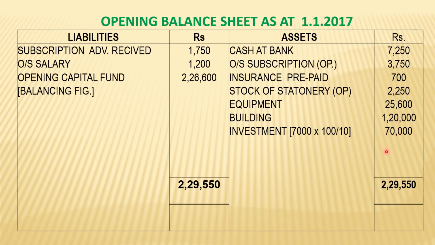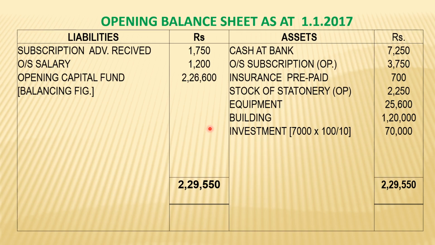So that was the opening asset, and this asset also comes as closing, because it is not mentioned that the asset was sold. So together total assets, fixed as well as current, are 2,29,550. And on this side, one income received in advance 1,750, and one expense due 1,200, that is salary related expenses. So these two are liabilities, and the difference is the opening capital fund of the particular club.